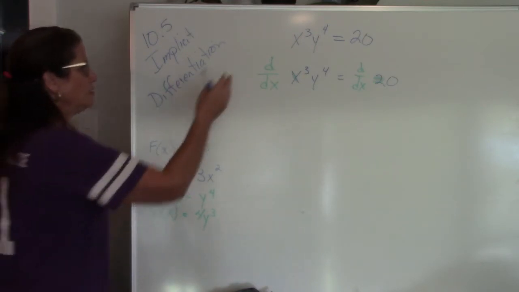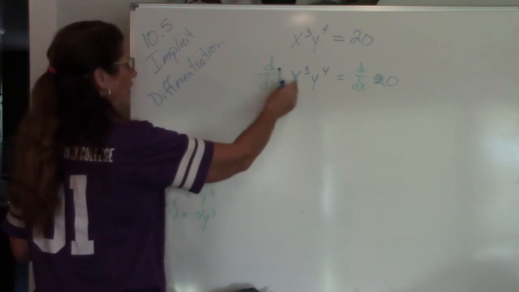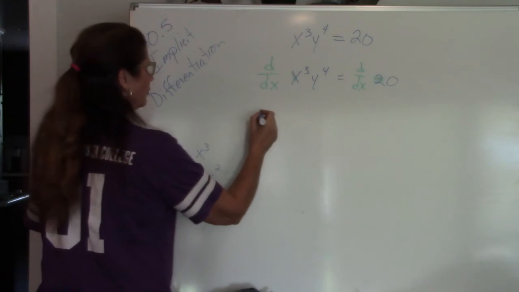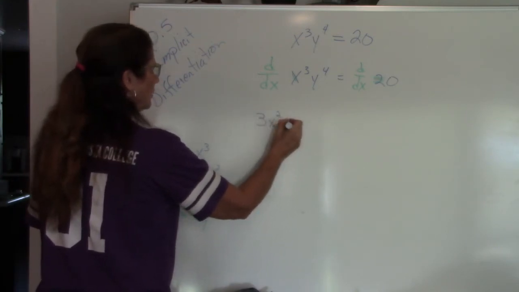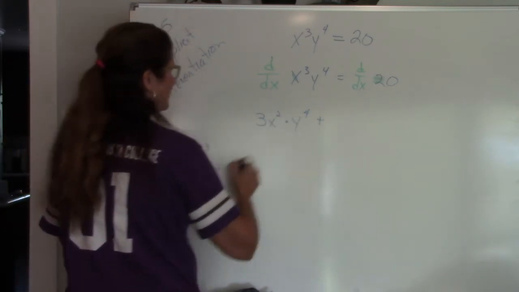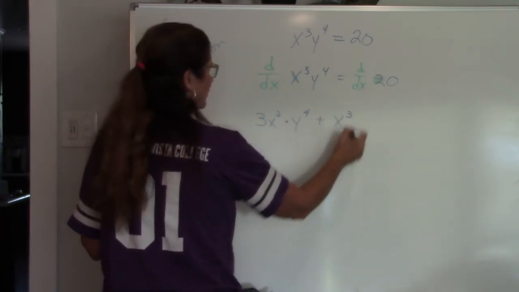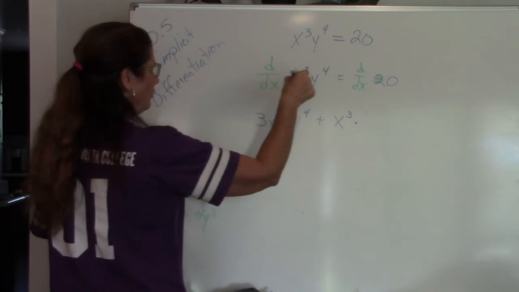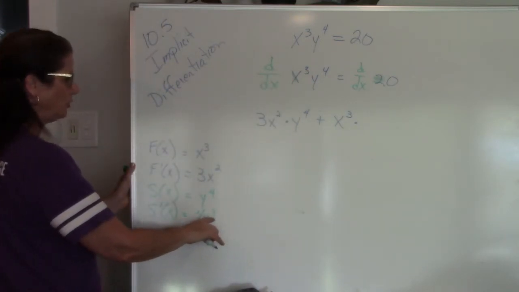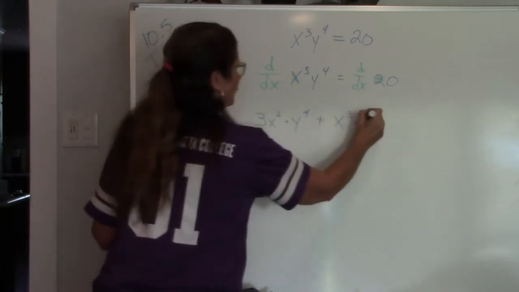So we're finding the derivative of a product. Remember, it's the derivative of the first times the second plus the first times the derivative of the second. The derivative of the second was 4y cubed, right?